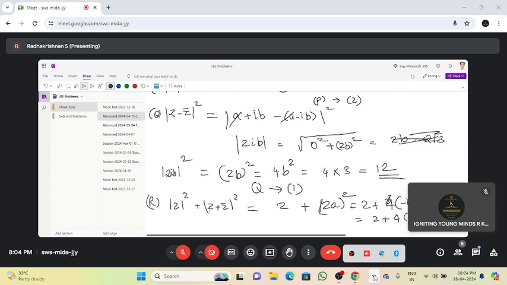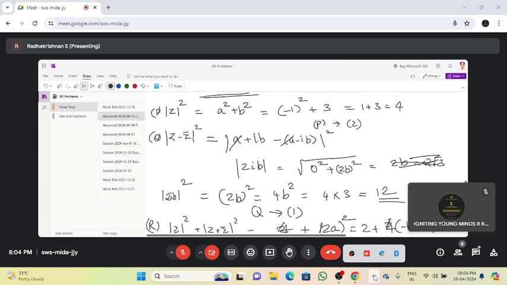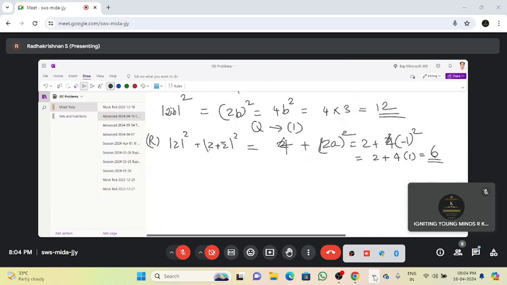Z square is 4, sorry. So that mod square we got as 4, right? First option. So R maps to 8 in option 3.